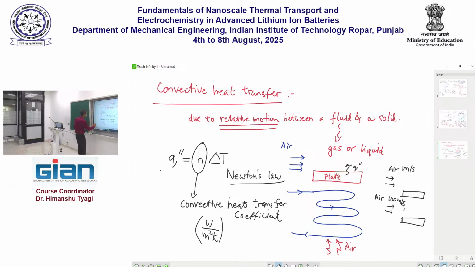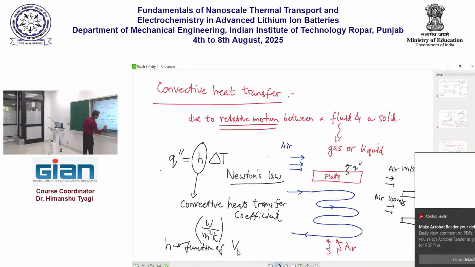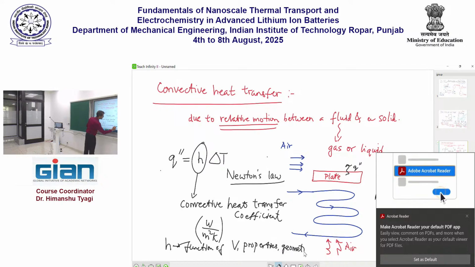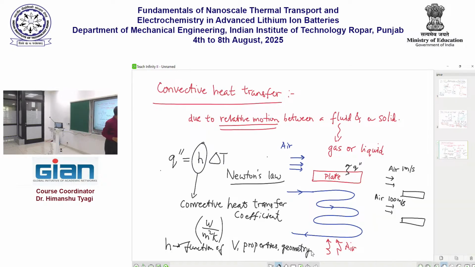The heat transfer coefficient h is a function of the velocity, the properties of the fluid, and the geometry. Velocity you already saw, right?